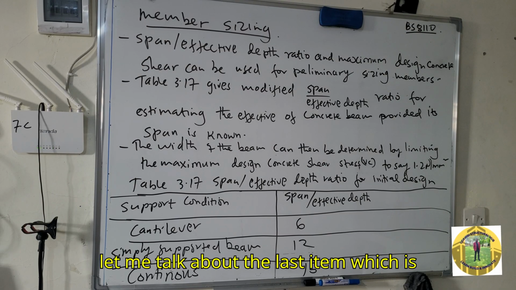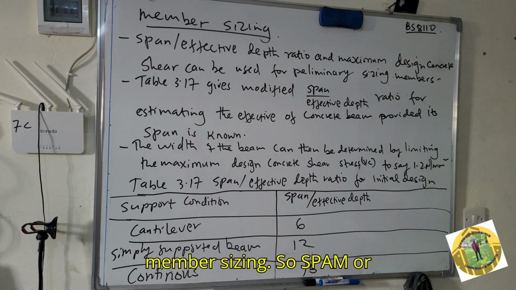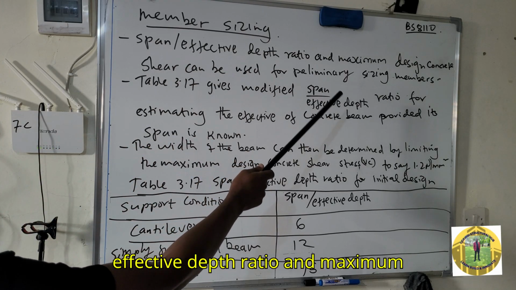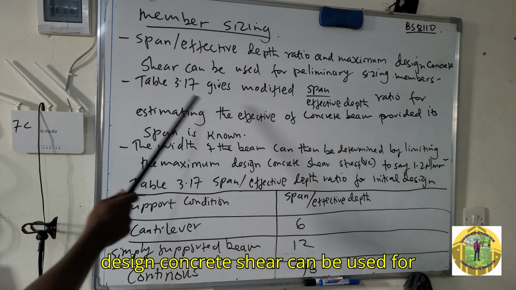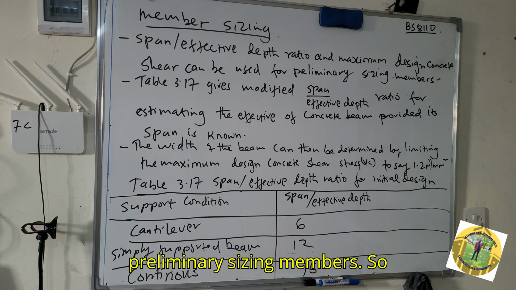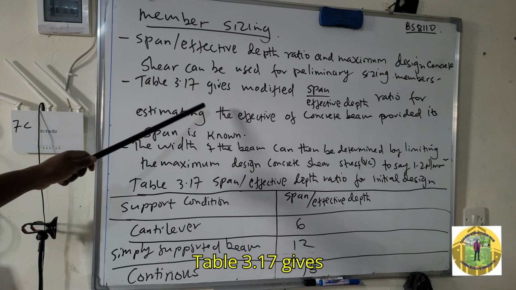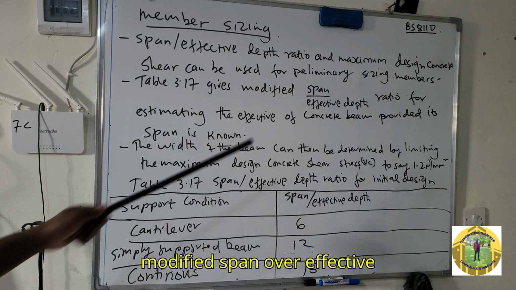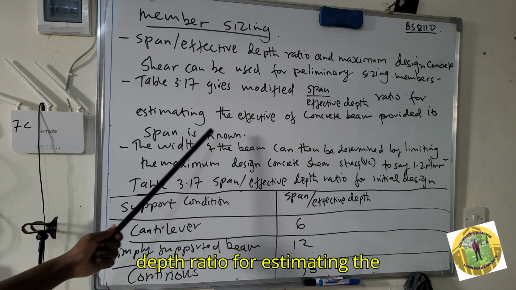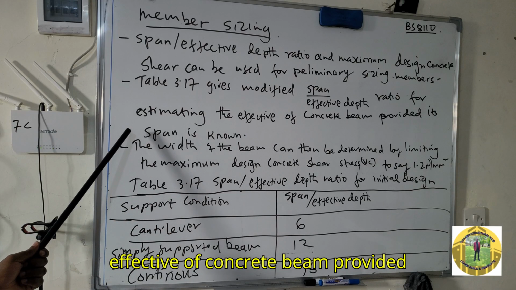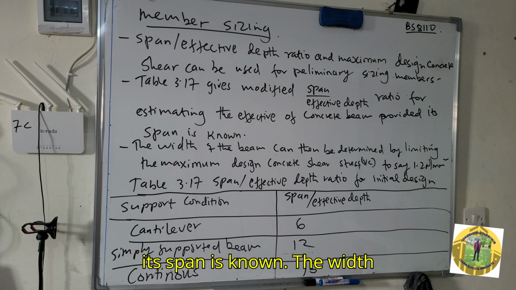So let me talk about the last item, which is member sizing. Span over effective depth ratio and maximum design concrete shear can be used for preliminary sizing of members. Table 3.17 gives modified span over effective depth ratios for estimating the effective depth of a concrete beam provided its span is known.